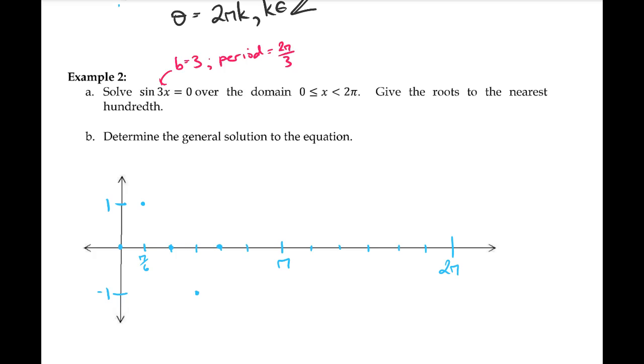I'm going to repeat this until I get to 2 pi, because that was the domain that I was given. I'm not actually going to show it at 2 pi, strictly because then I would be going outside of the domain.